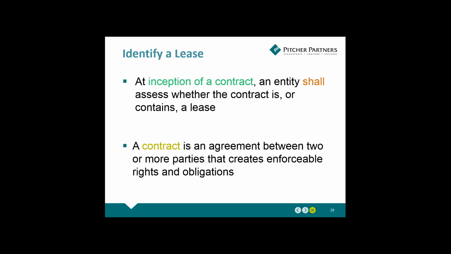They go further to say a contract is an agreement between 2 or more parties that creates enforceable rights and obligations, which is the same definition we have in AASB 10, AASB 11, and AASB 15 revenue. So at the inception of any contract, we have to consider, do we have a lease in here or not, or is this whole contract a lease or not?